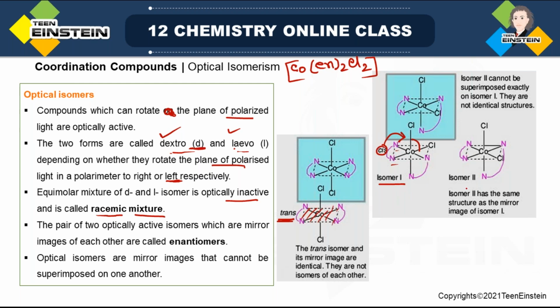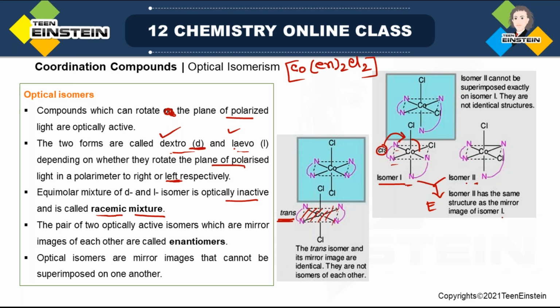And isomer 2 has the same structure as the mirror image of isomer 1. So suppose it is 1 and this is 2. These two are related to each other as enantiomers. One of them will be D, another one will be L. But when you take the mirror image of isomer 1, now it looks the same, right?